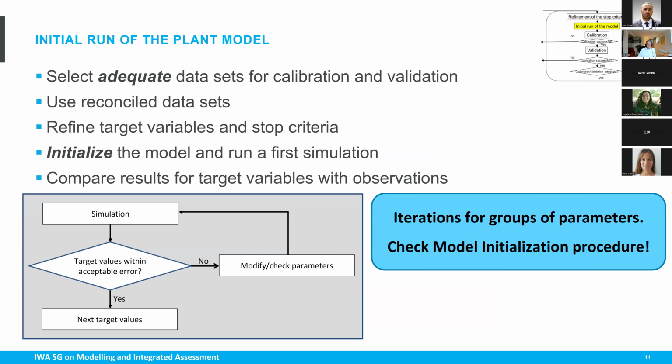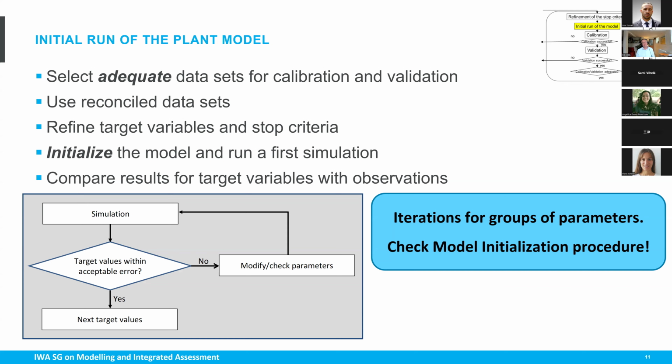Good. So then you need proper data sets for A, calibration, and B, validation. I discuss that a little bit further later on in that presentation. Then again, make sure that you properly reconcile your data, and you refine your target variables and stop criteria.